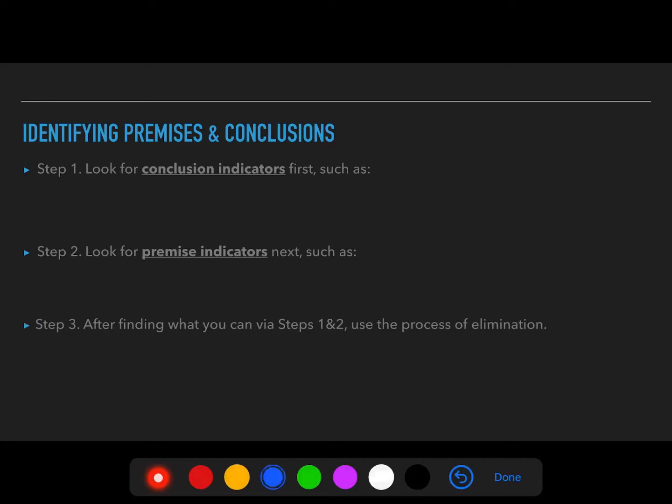And here are some of the common conclusion indicators. Therefore, thus, so, hence. Anything that says conclusion.